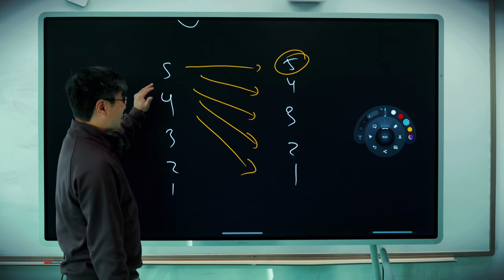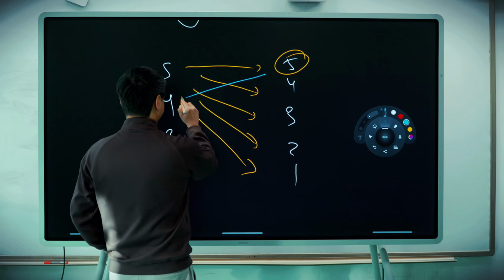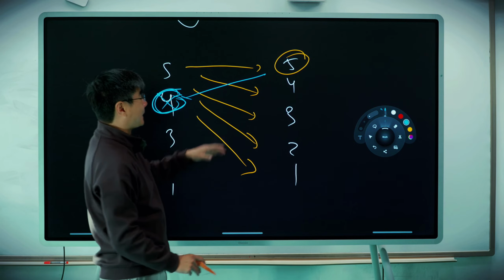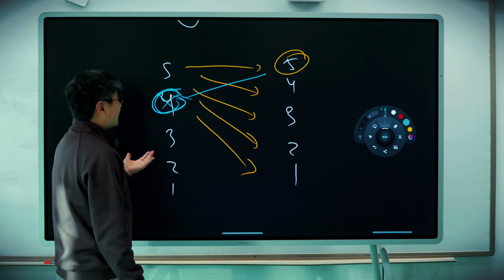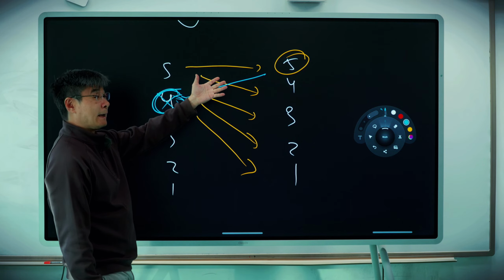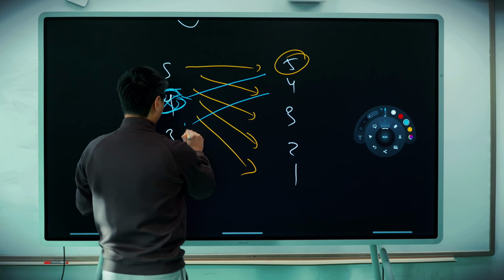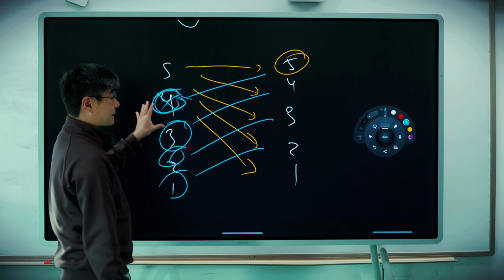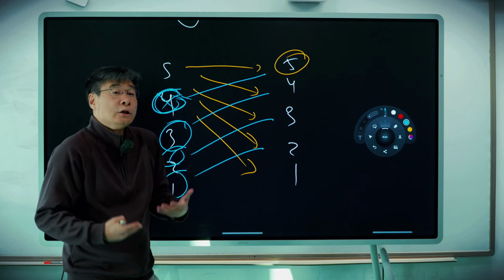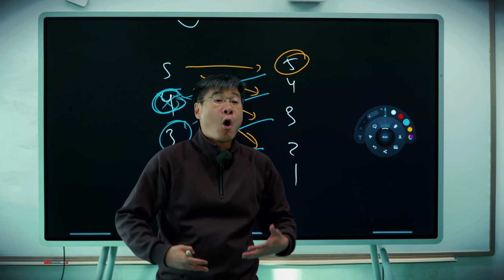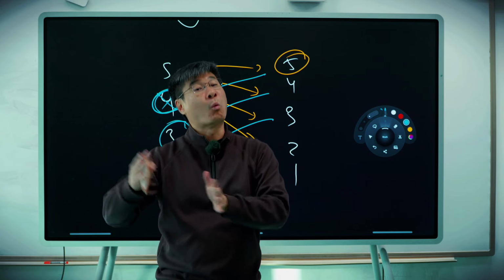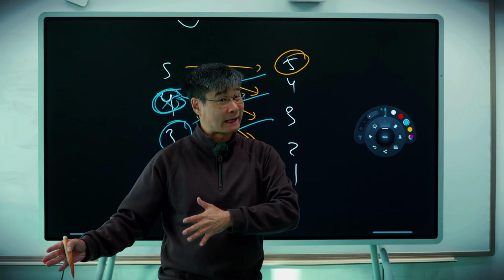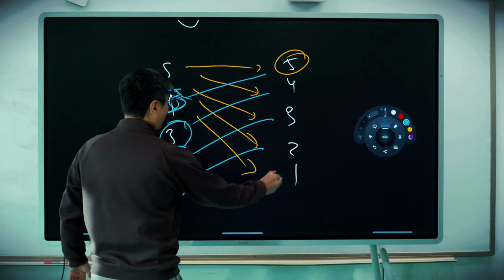There's not much of a difference between 4 and 5, so I'll just go marry this guy, right? So number 4 is gone. And number 4 is like, you know what? 5 is probably making a good decision, so I'll just go marry number 3, right? And then what happens now is that 5, by trying to marry all the women, is stuck with the worst choice, right? So that's kind of stupid for him. He's stuck with number 1.